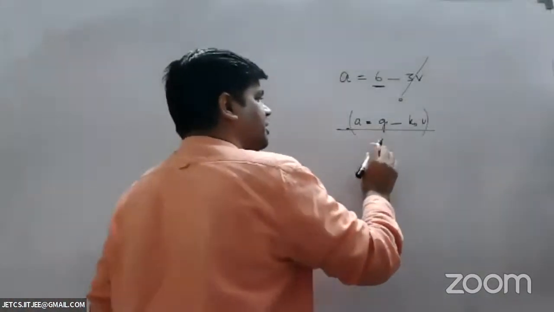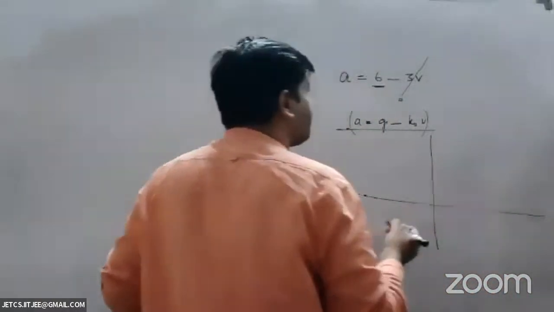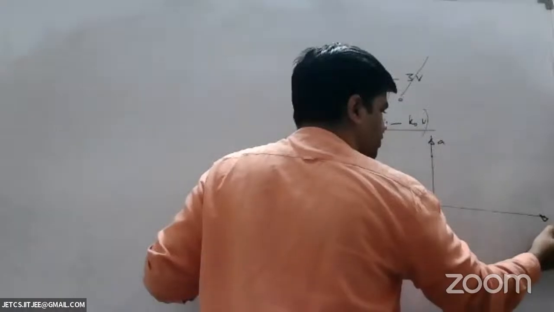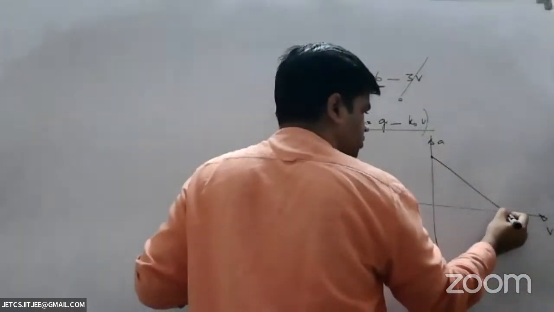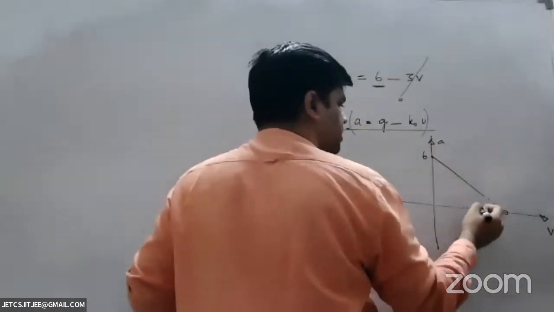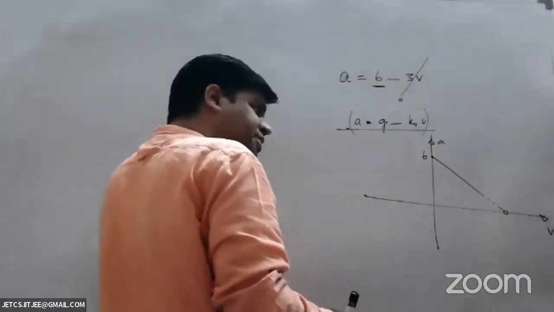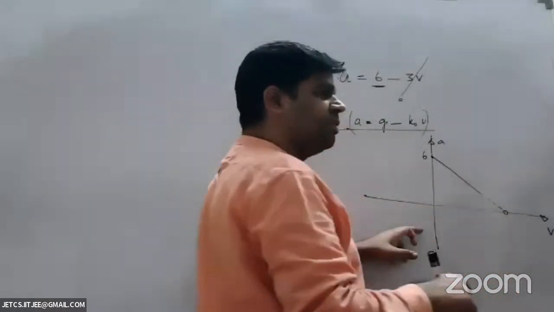And so I've got 6 minus 3v. So I've got an acceleration like this. This is the acceleration versus velocity graph. This is 6. Slope is 3v. Where does it intersect the x-axis? What is the x-intercept? When acceleration is 0, I'll get some velocity, which is terminal velocity.